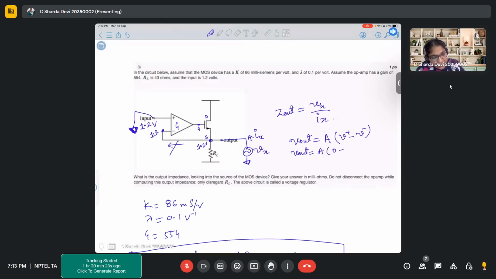What is V minus? If you observe very carefully, it is connected to the output node, so it is Vx only. So V out is equal to minus A Vx. So at this node, the gate voltage is minus A into Vx. Correct?